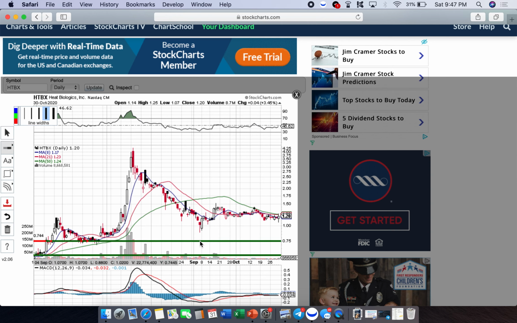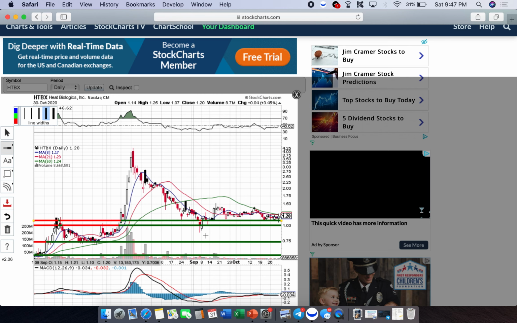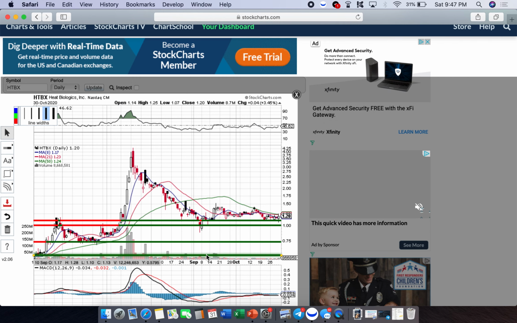But then one of the other long-term heavy supports on it is 73 cents. Another support would be here at $1, and then another support here at $1.09. So by moving and playing with this, you can see where the support levels are. That's when people talk about floors and stuff like that. That's what they're referring to.